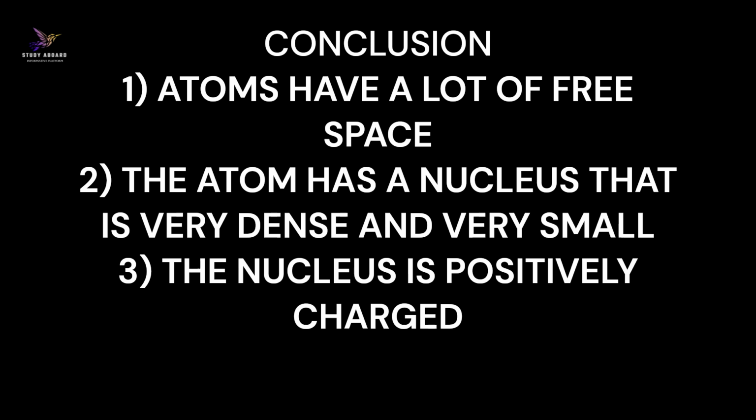The nucleus was positively charged as the particles inside it were positive. Also, while the alpha particles were coming, the positively charged particles repelled the positively charged alpha particles. Due to this, they bounced back.